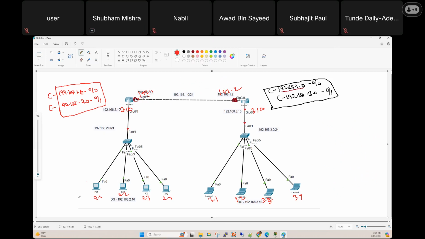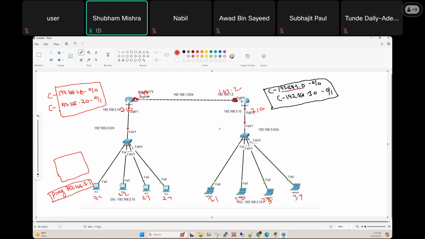So guys, tell me one thing. On PC number 1, I write the command ping 192.168.3.1. What will PC number 1 do? PC number 1 will generate a packet. In this packet, what will be the source IP and destination IP?